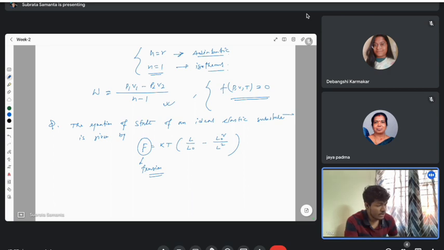Then we can calculate the work done. In this case, what is dW? Is dW generally F dx, right?